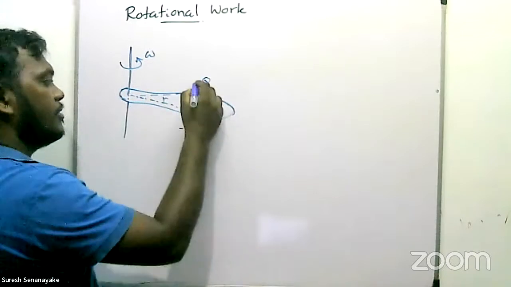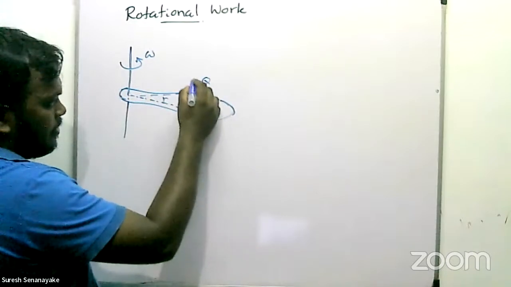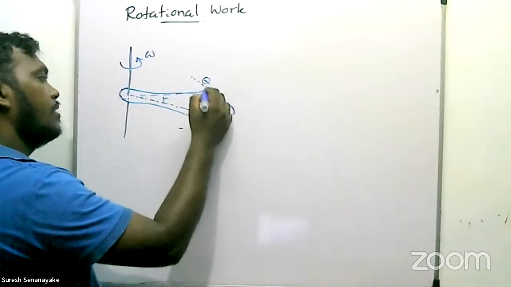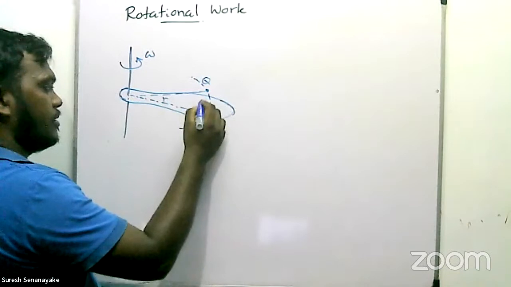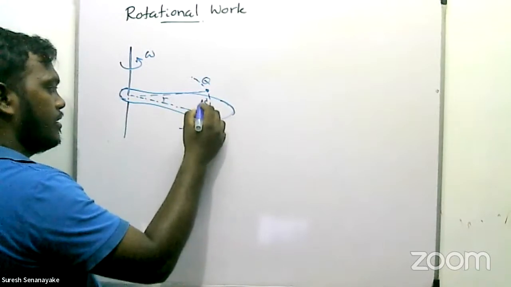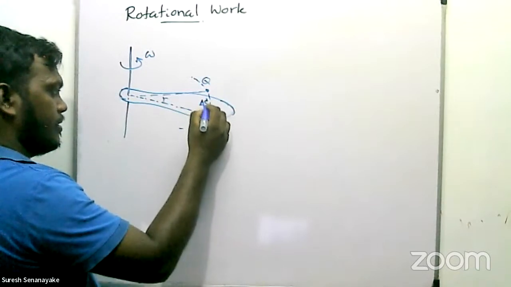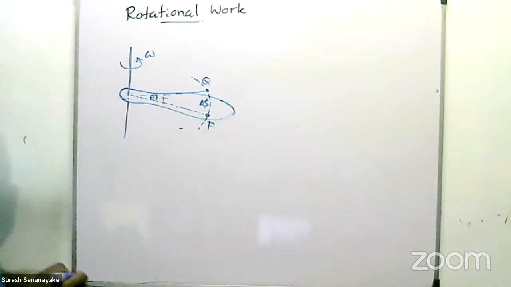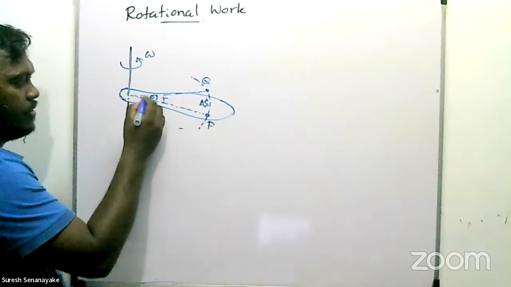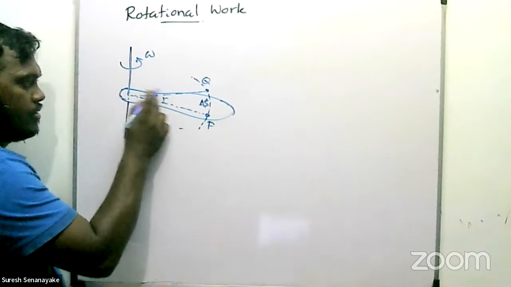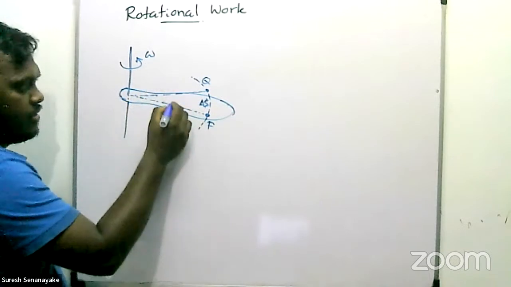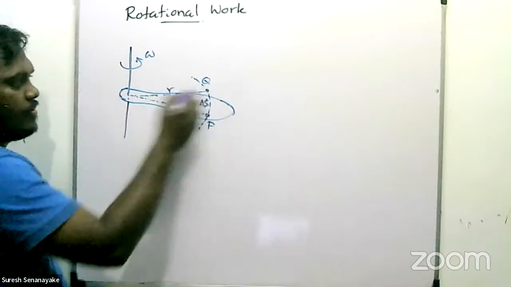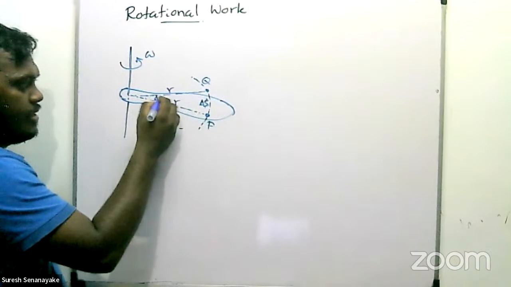Consider a small change in the conductor element, let's say delta S. Make an angle theta here. Consider that the angle is at distance R, and the angle is delta theta.